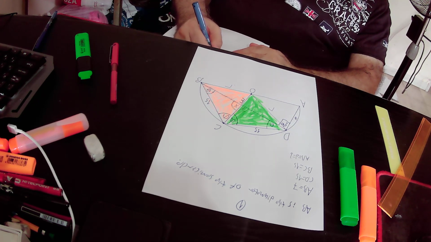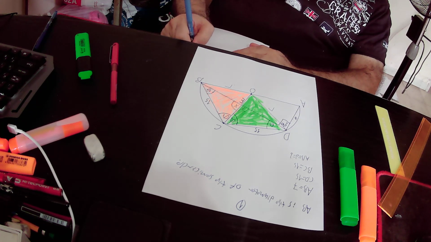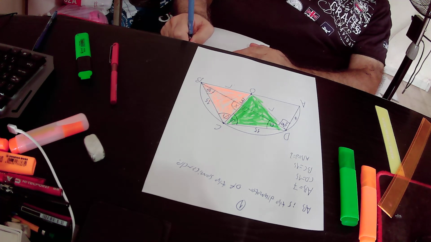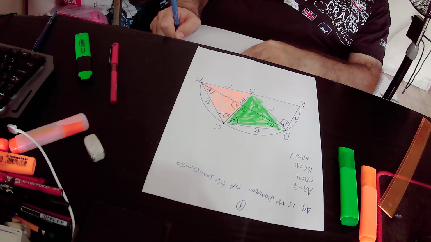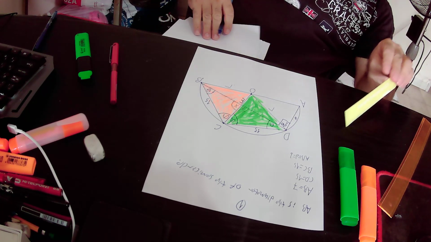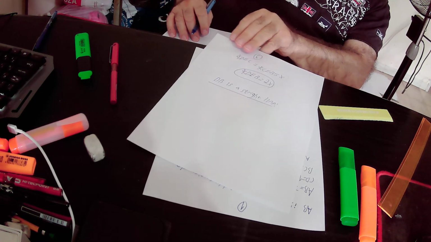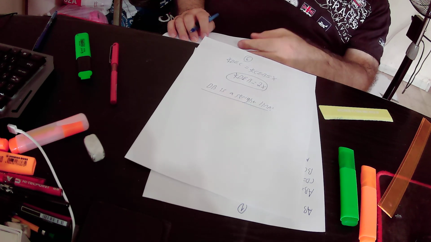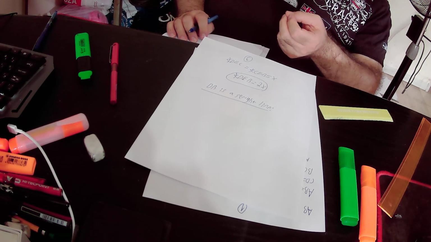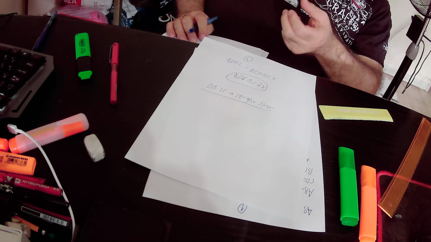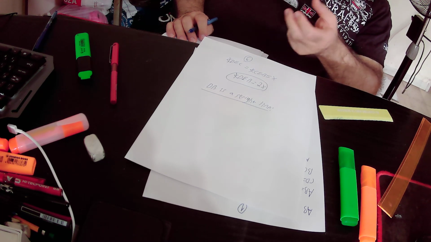So line segment DB is a straight line, because we created it like that, by connecting points D and B together.